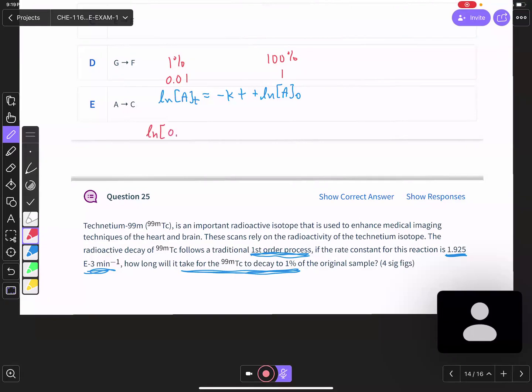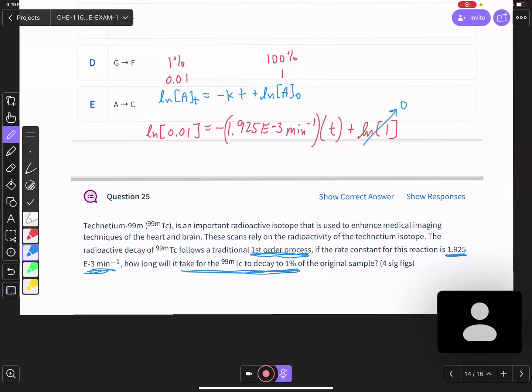So we can plug that in. Natural log of 0.01 equals my rate constant, 1.925 e to the negative 3 inverse minutes. I think someone asked this earlier: if they give it to you in minutes, just leave it in minutes. There's no need to convert it to seconds and make more work for yourself. Times time, we're looking for time, and then natural log of 1. The natural log of 1 is 0, so that disappears.